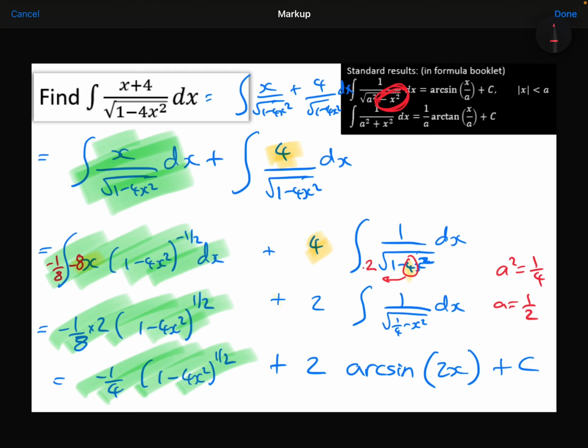And then when I take that 2 outside, that 4 over 2 became the 2. The 1 here, when I divided that by 4, I got the quarter. That's my a squared value. So my a value was 1/2. So now using the standard result, where I have arc sine of x divided by a, so x divided by 1/2 is 2x.